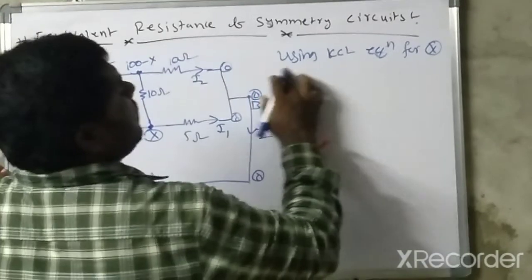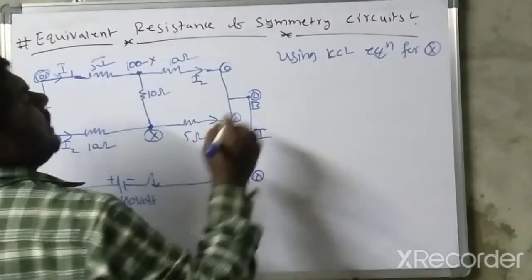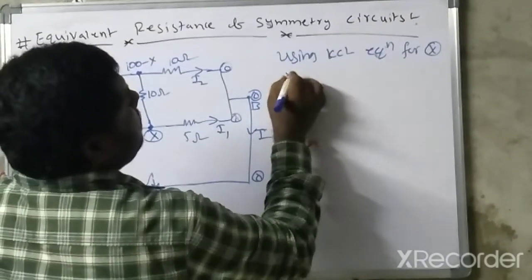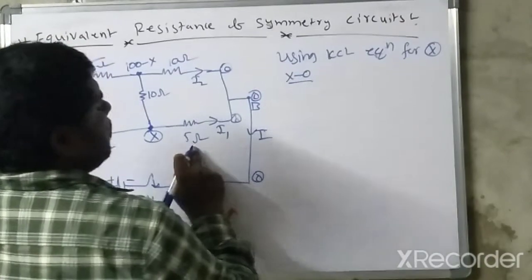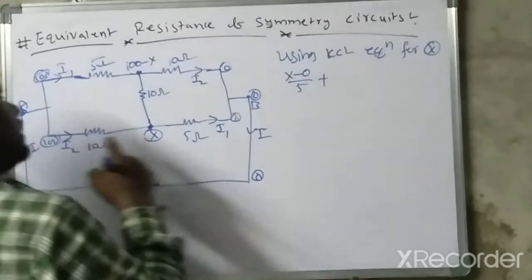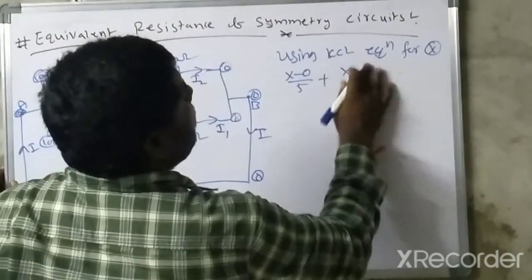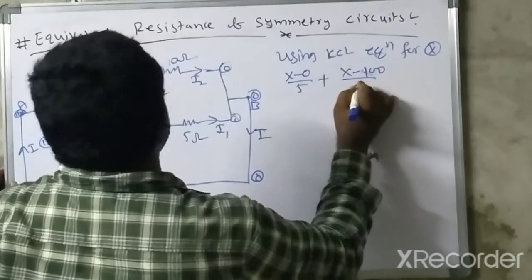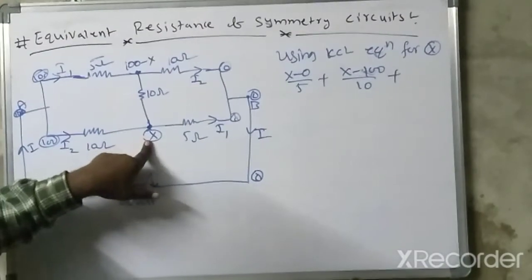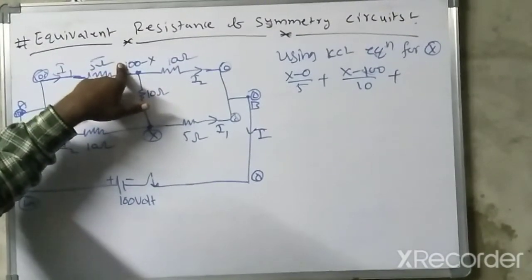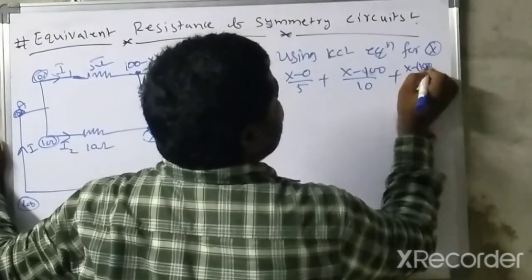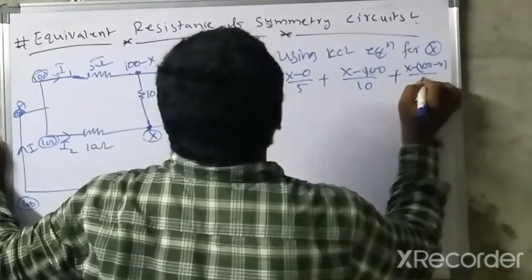So you may apply the KCL equation for x: x minus 0 divided by this 5 ohm resistor, plus x minus 100 divided by 10 ohm, plus x minus of minus 100 minus x divided by 10.